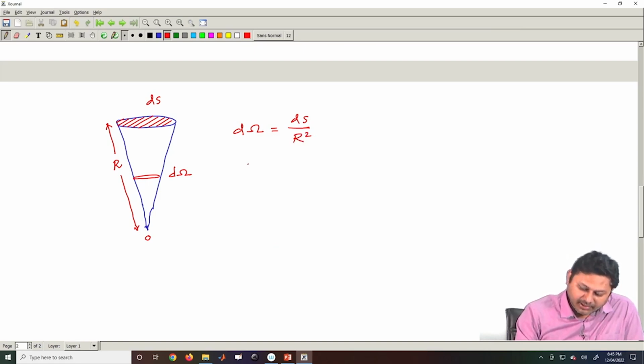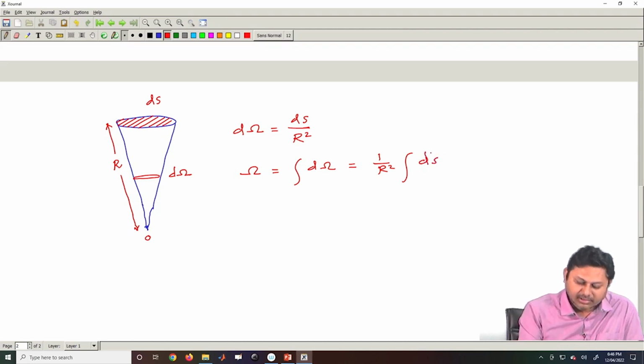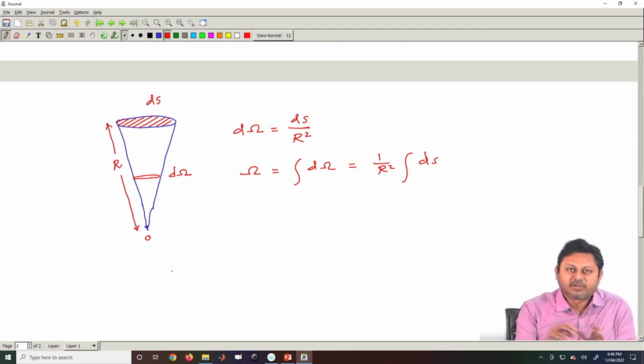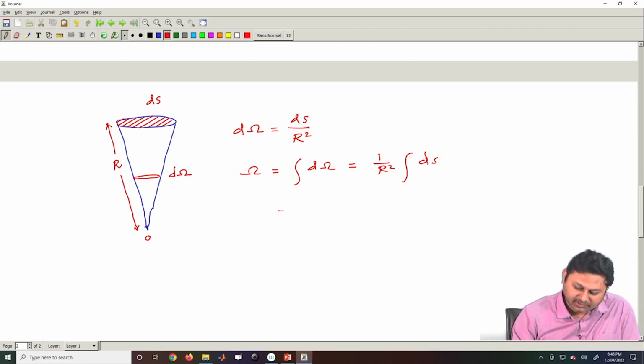Okay. Now, if I want to find out the total solid angle omega, then it should be the integration of d omega, and it should be 1 by r square, and then we have the integration of these ds, and ds is now the total area. If I have a closed surface, then it should be the total surface.